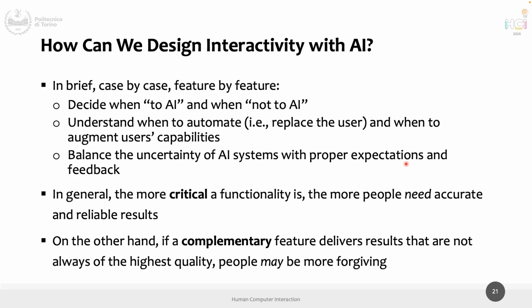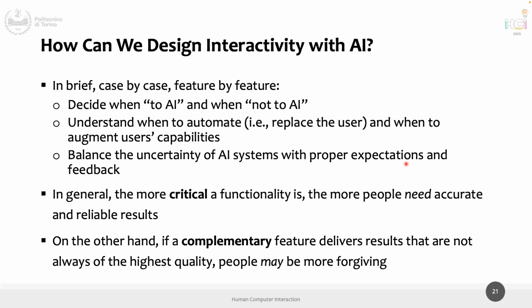When the functionality is complementary, you can experiment more, because people can think, okay, this is not the core feature, it's just a plus. So even if it doesn't work, even if it hallucinates sometimes, even if the precision and recall is 50%, maybe it's fine, because it's just a minor complementary thing. It's an extra, maybe marked with beta.